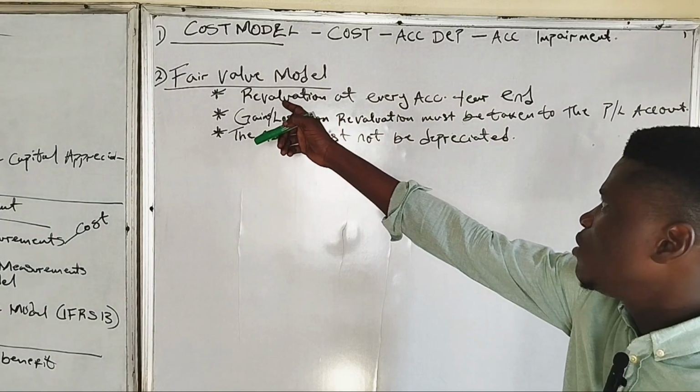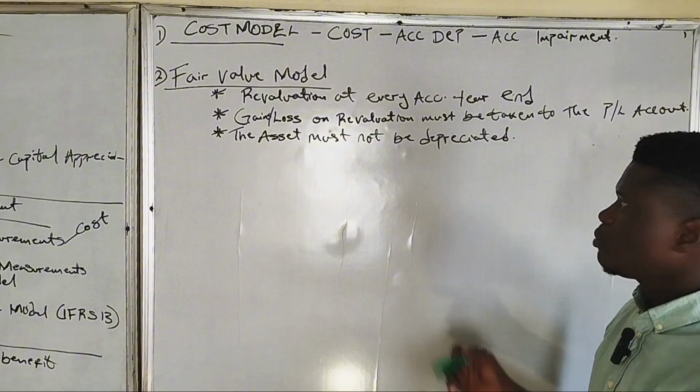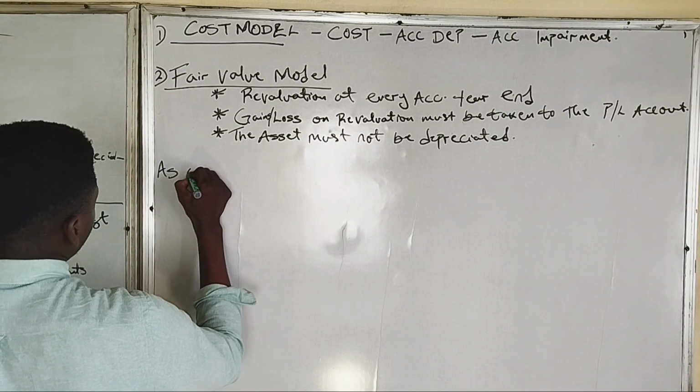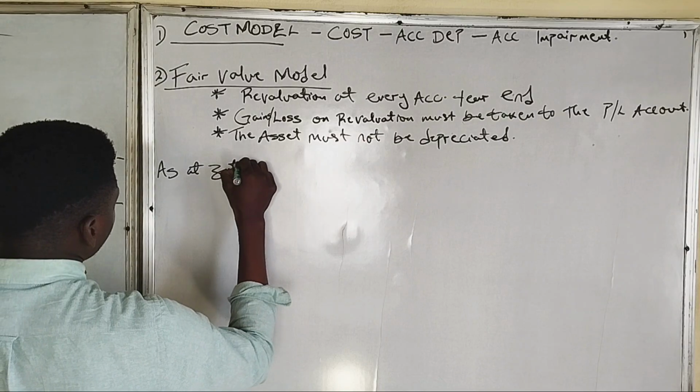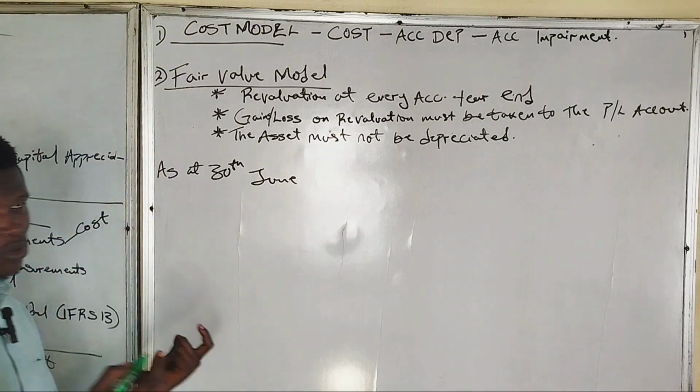If we are revaluing an asset at the end of the accounting period, for example, as at 30th June, let's assume 30th June is the accounting year end of a particular company.